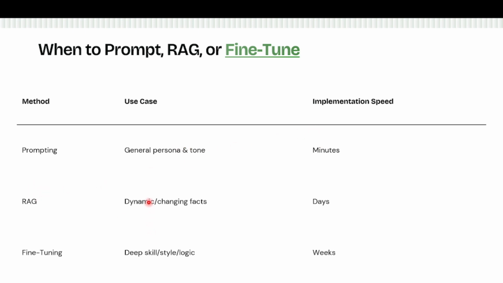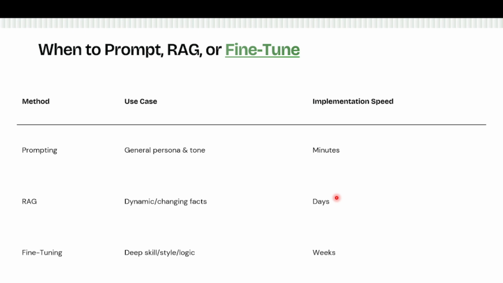RAG improves dynamic and changing facts. So if a prompt is not enough, RAG contains historical information about the particular domain as well. In addition to the prompt, it will go to the RAG database to generate facts related to the prompt.